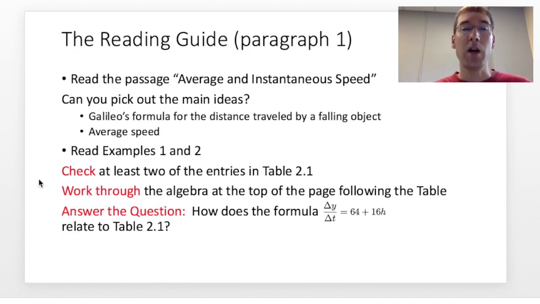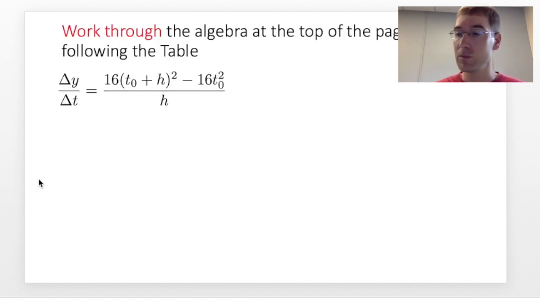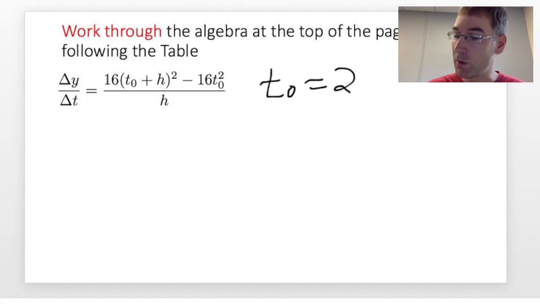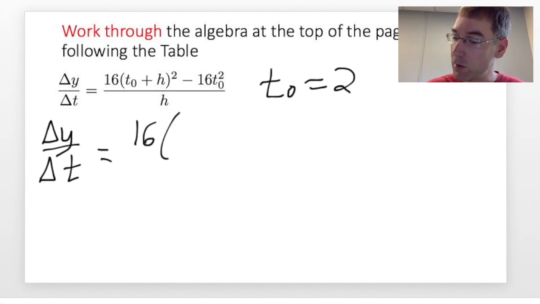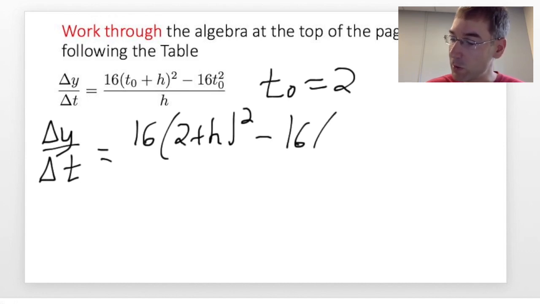The next action item is to work through the algebra at the top of the page following the table. So I'll illustrate how to do this. And we're going to set t naught equal to 2 and do the algebra. So we have delta y over delta t equals 16 times the quantity 2 plus h squared minus 16 times 2 squared all over h.